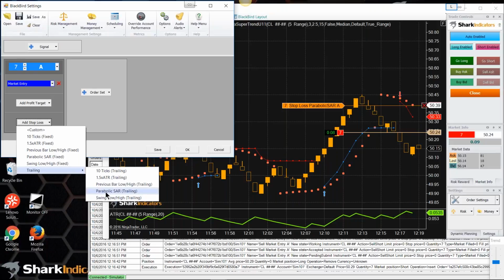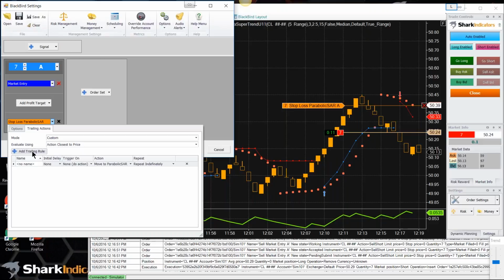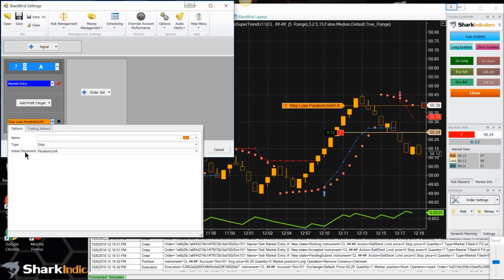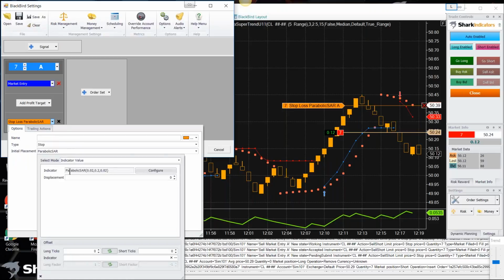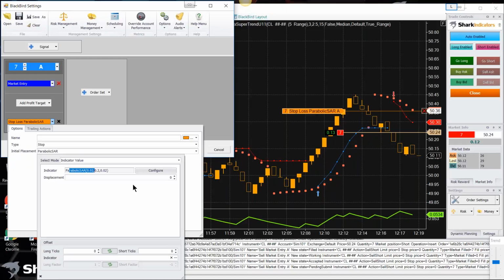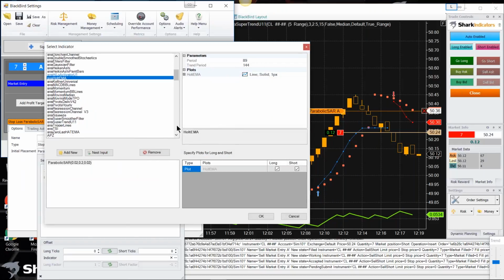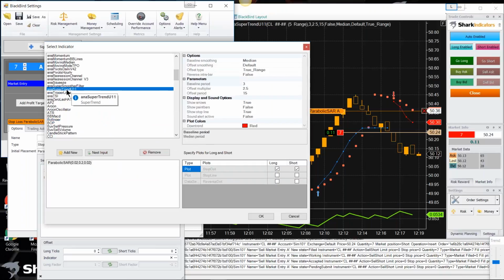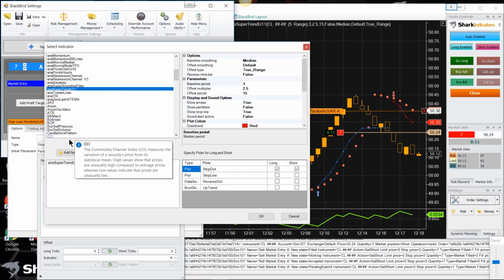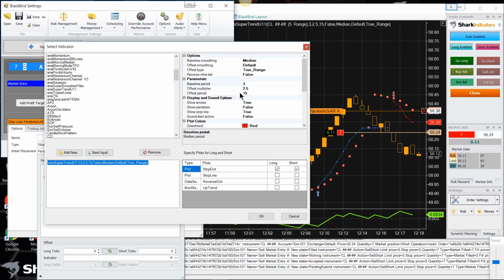So we'll select the parabolic SAR preset, and then we can go in here, find our initial placement, and just replace the indicator with what we want to use. So let's open up the indicator list. Let's go find our SuperTrend. There's our SuperTrend. Put that on there.